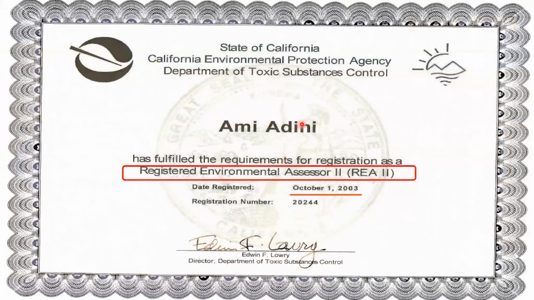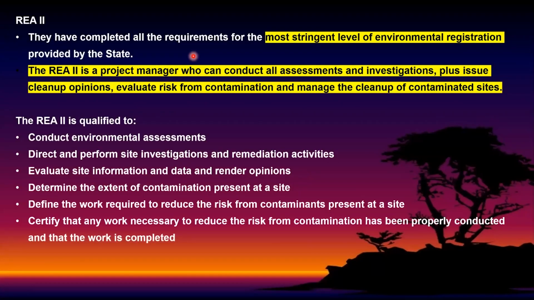Even the state of California at a certain time recognized me as a Registered Environmental Assessor Level 2, which was the highest level of registry for environmental professionals with the state of California. As an REA2, I had completed all the requirements for the most stringent level of environmental registration provided by the state.